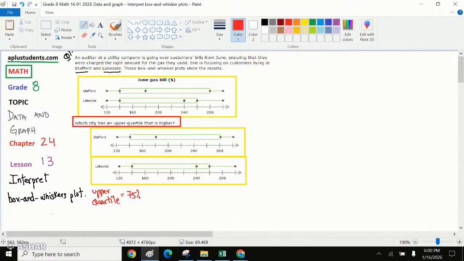So what we can see over here is, what was the total number of people? That was 280, 290. So let's see, which city has a higher upper quartile? We need to find the value for the upper quartile.